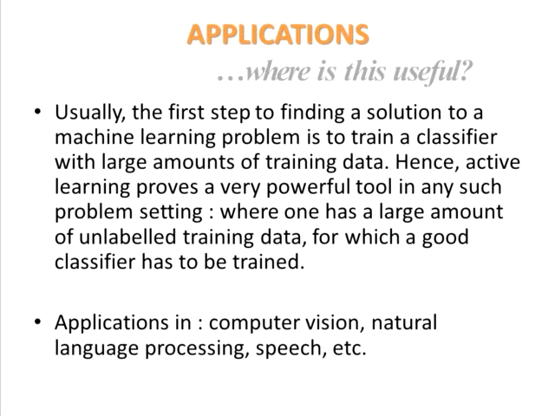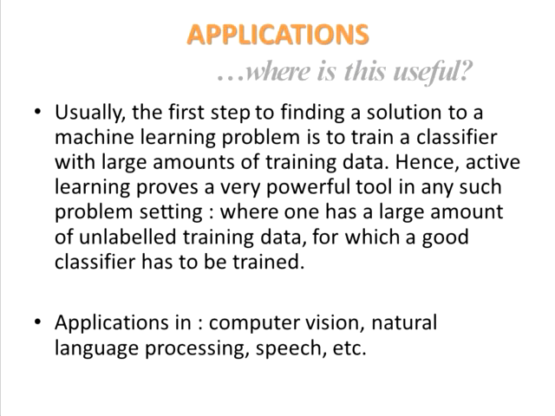Since I don't have too much time, I'm just going to go on to the applications now. This is something that I've already discussed, like why you use active learning. Whenever you have a problem setting where you need to train a classifier, you have a lot of training data, but most of it is unlabeled, and you can't afford to spend too much on an oracle annotating all the unlabeled data.